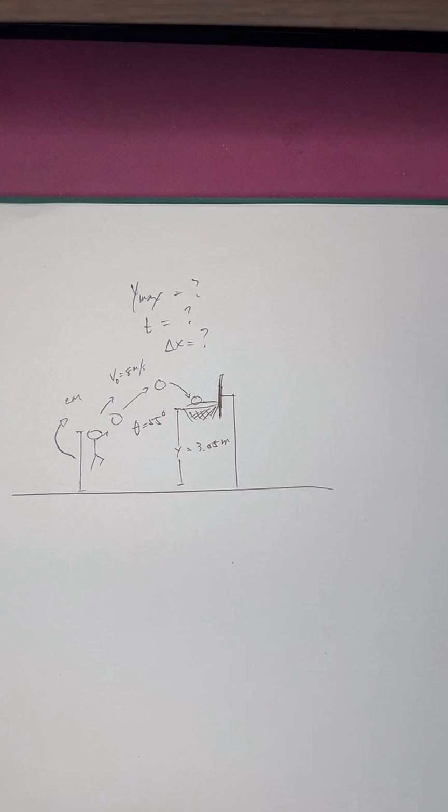First things first, we would need to separate the motion into sections. First thing that happened here, player stops, jumps, and then releases the ball at an angle. So what we would want to find now is to determine how high was the peak height of the ball.